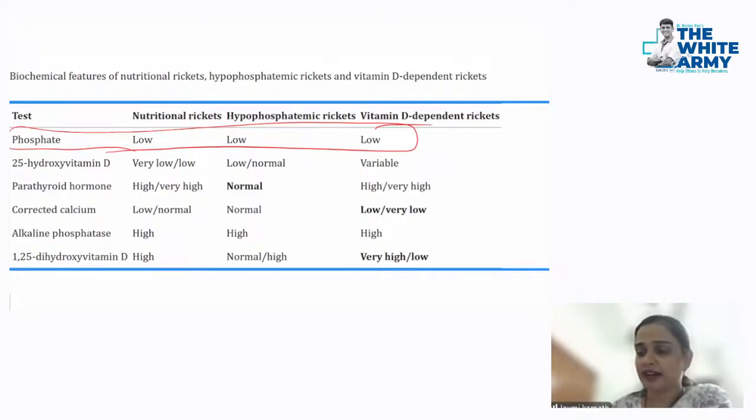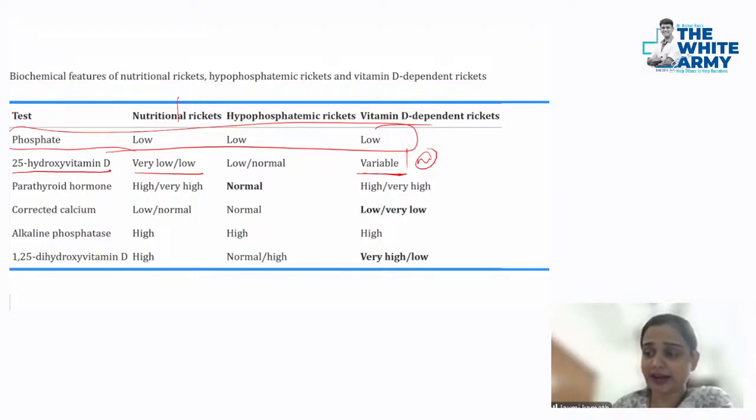This 25 hydroxy vitamin D is generally low in nutritional rickets. In vitamin D dependent rickets, it can be low or high, as in vitamin D dependent rickets type 2, where it can be high, and vitamin D dependent rickets type 1, where it can be normal, correct?